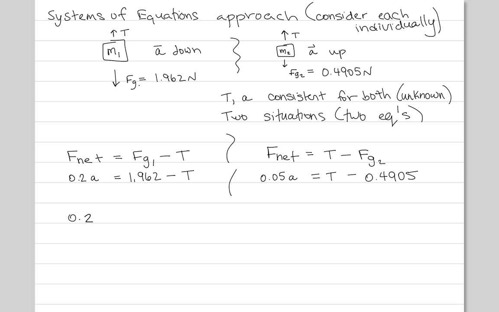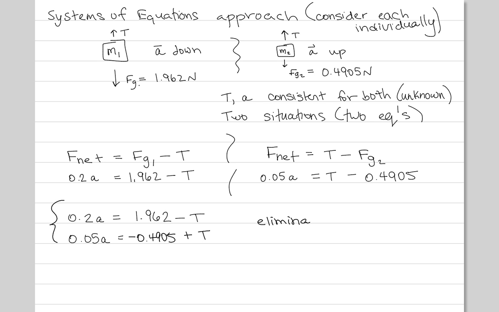So 0.2a equals 1.962 minus T, and then the other one will be 0.05a equals, and I'm just going to reorder the right-hand side so that they are stacked in columns, negative 0.4905 plus T. And this will always happen where there's no coefficient on T, so you can typically just eliminate T quite easily. How would we eliminate T quite easily here?